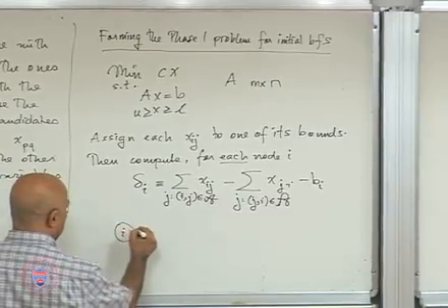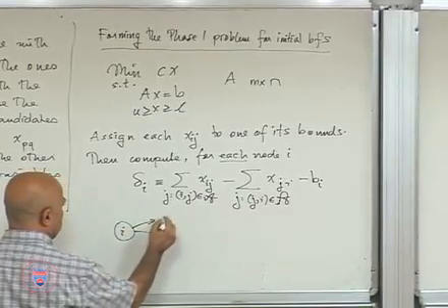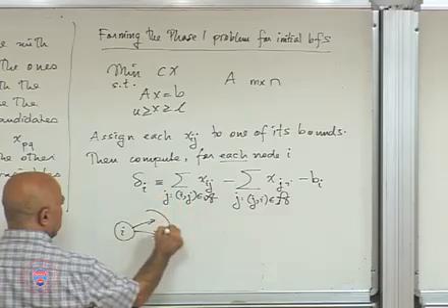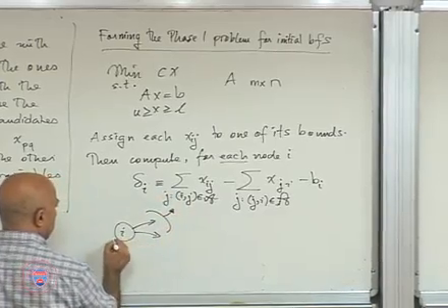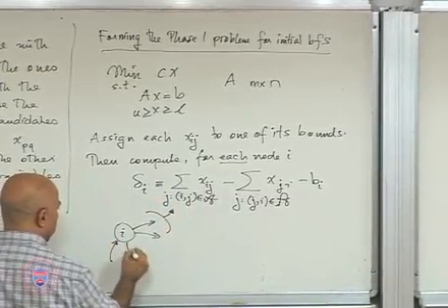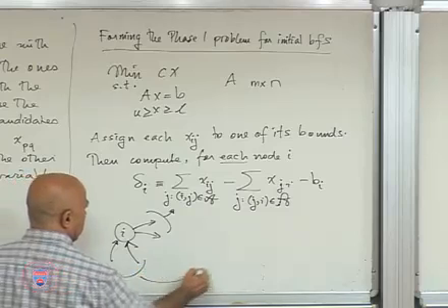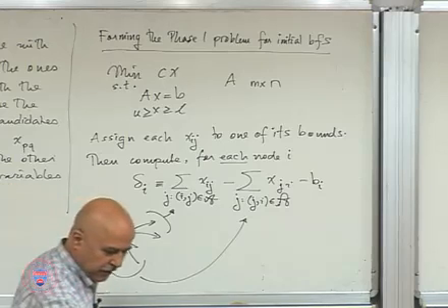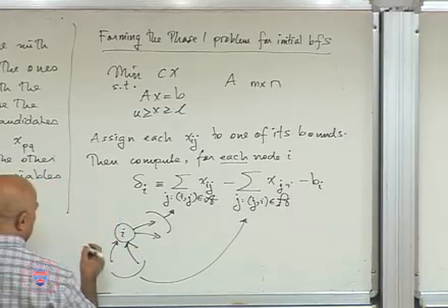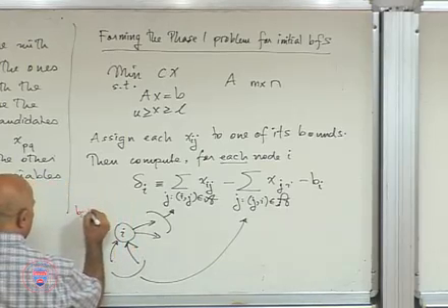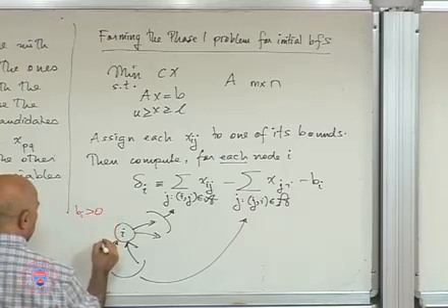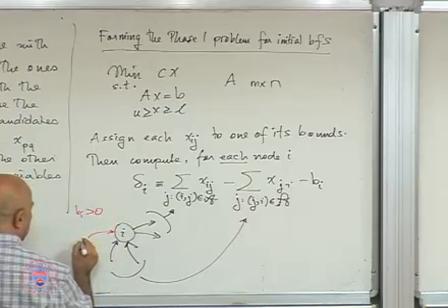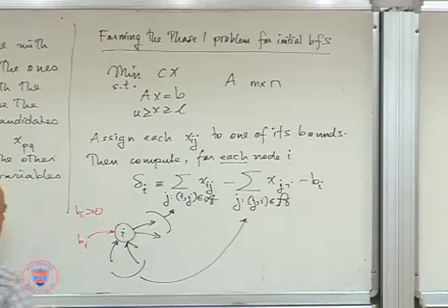So we're looking at i. These are the outflows. And then we have also the inflows referred to by that summation. And then we have the bi. If bi is, for example, positive, in that case you have an input of bi units.